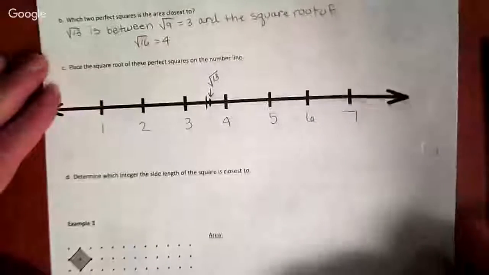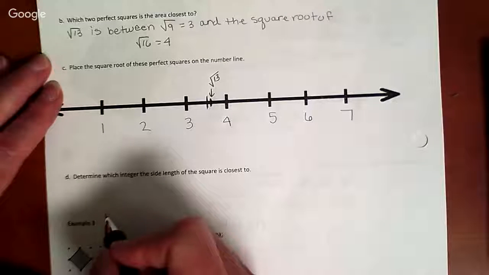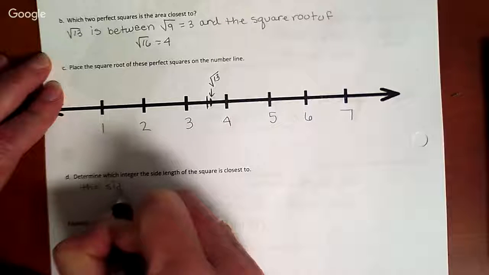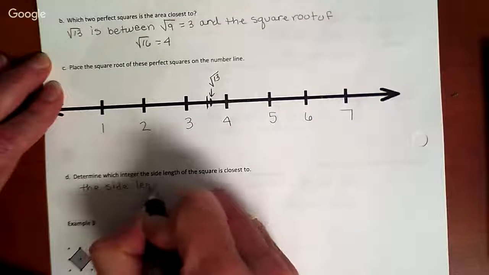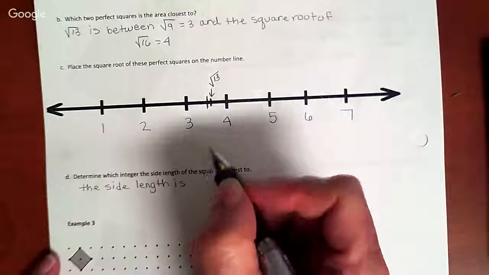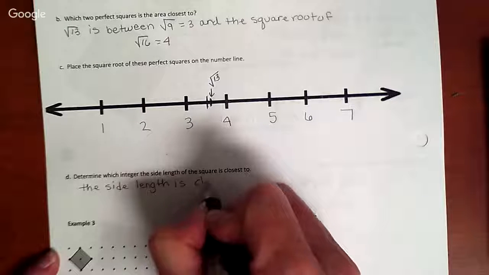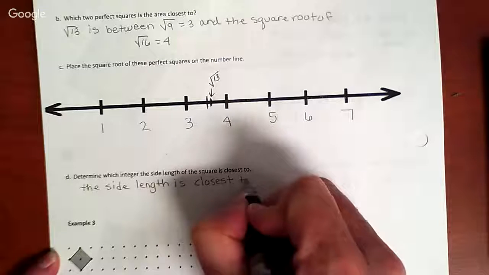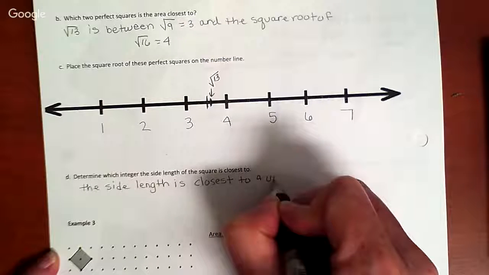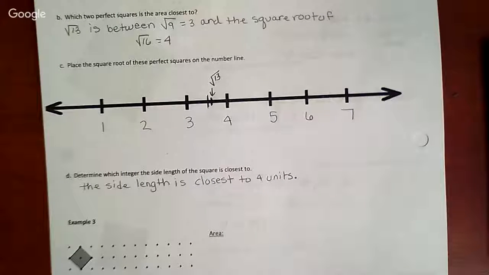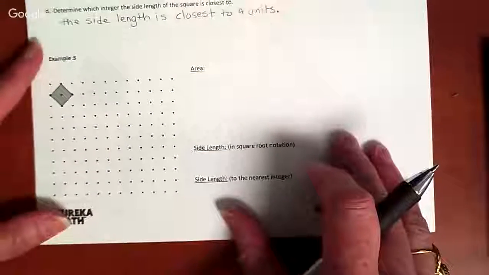So the side length is closest to 4 units.